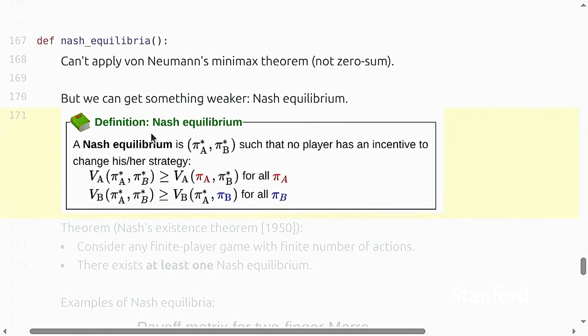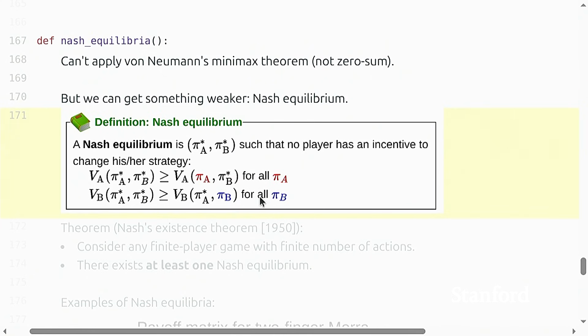So a Nash equilibrium is a pair of strategies, pi A star and pi B star, such that no player, A or B, has an incentive to change his or her strategy. So in other words, if pi A tries to change, that's going to only make it worse. And if pi B tries to change, that's also going to make it worse.